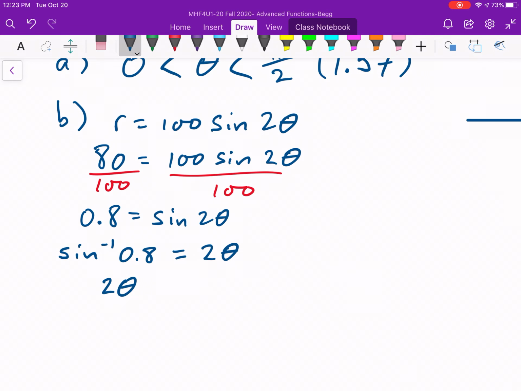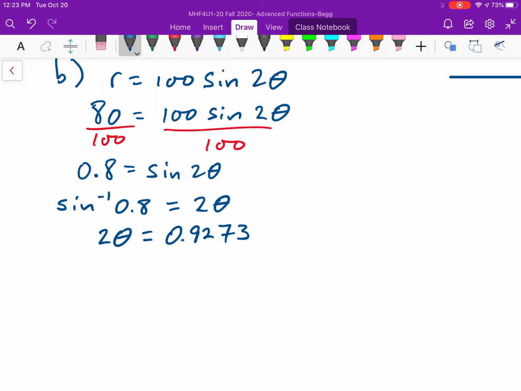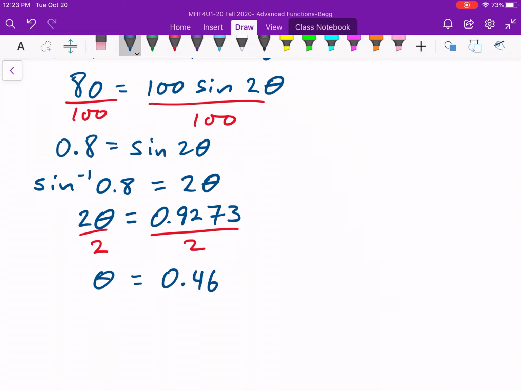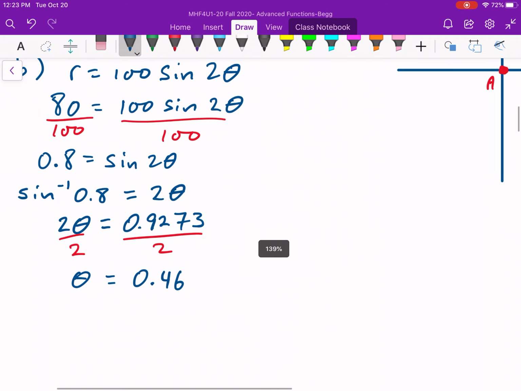So 2 theta equals 0.9273, and that's double what theta needs to be. So if I take half of that, then theta equals 0.46 to the nearest hundredth. So that's one possible answer.